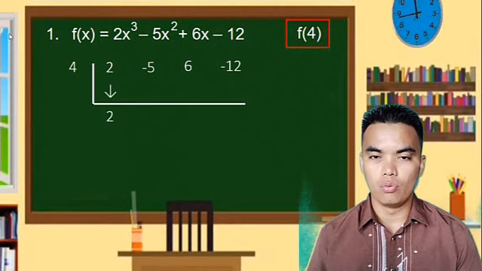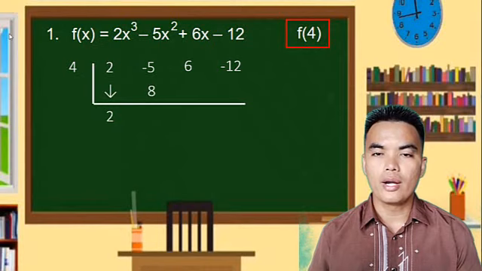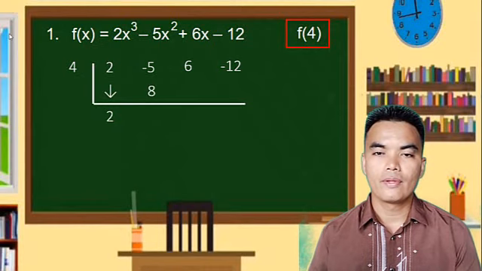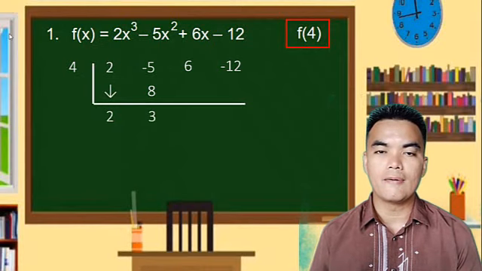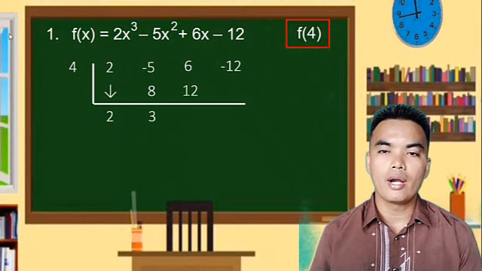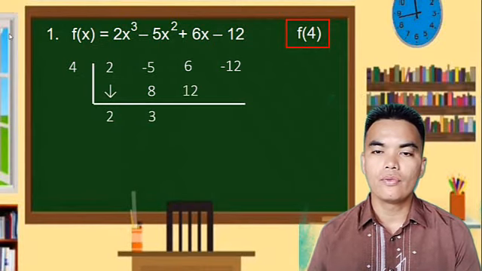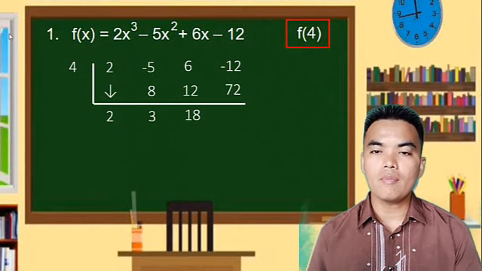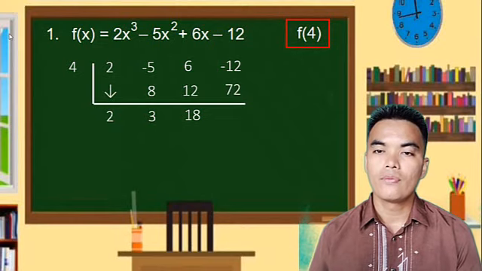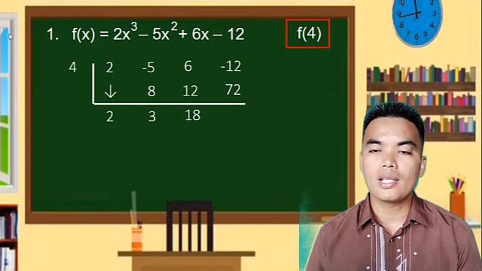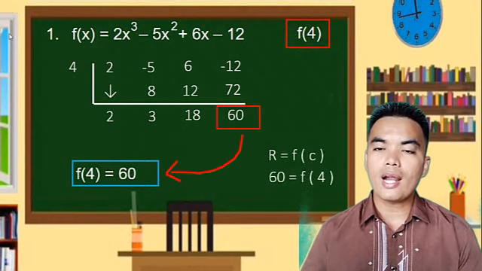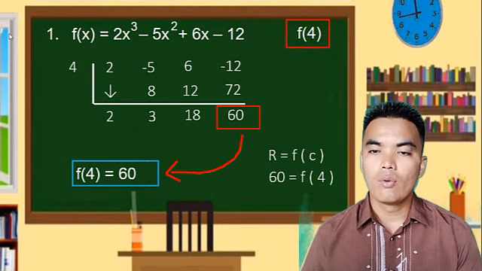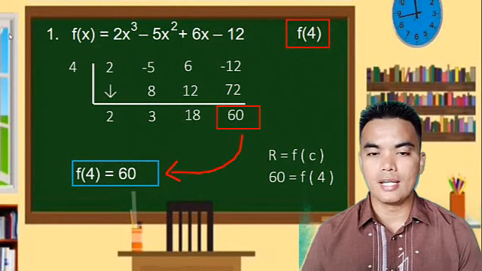Bring down 2. 2 times 4 is 8. Negative 5 plus 8 is positive 3. 3 times 4 is 12. 6 plus 12 is 18. 18 times 4 is 72. Negative 12 plus 72 is 60. Therefore, we arrive at the same result, wherein the remainder is 60.